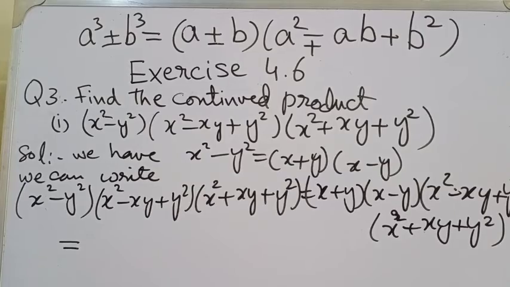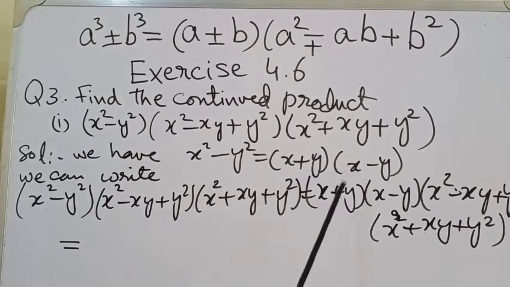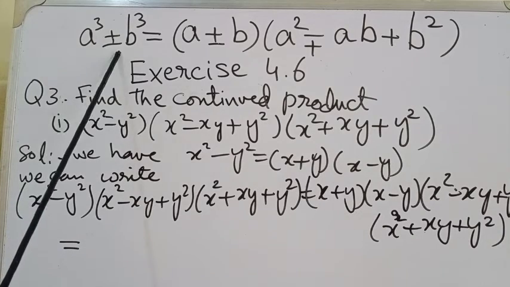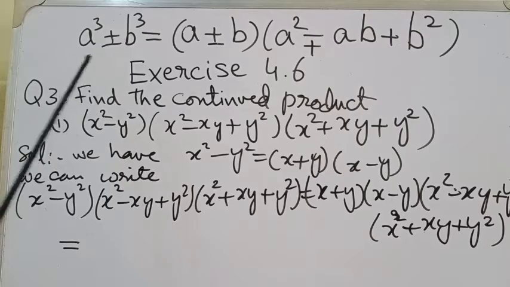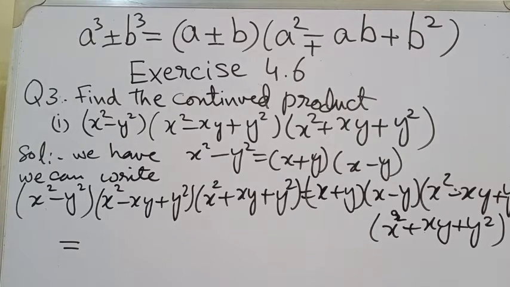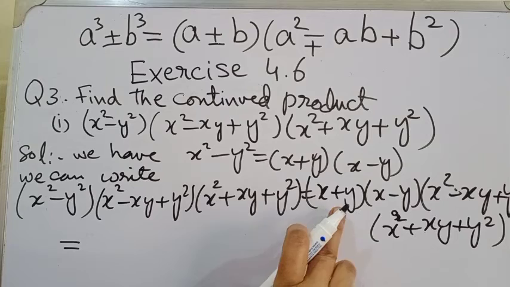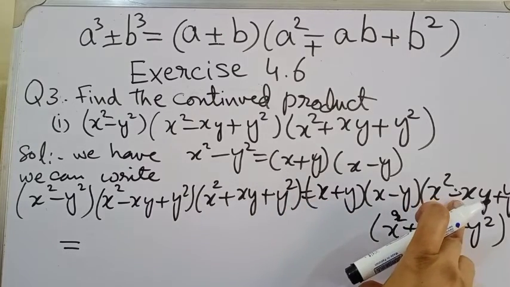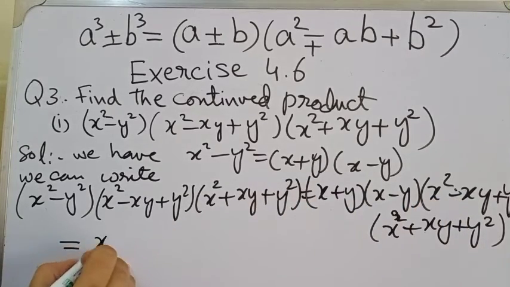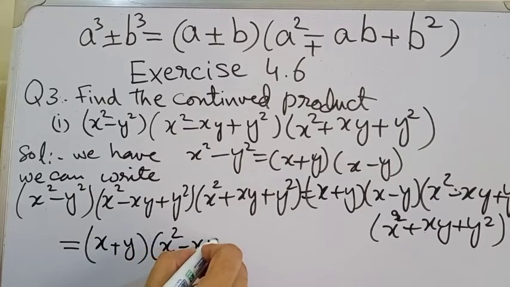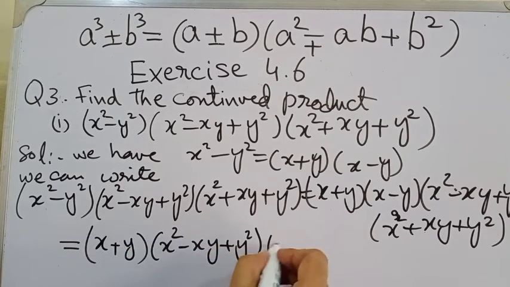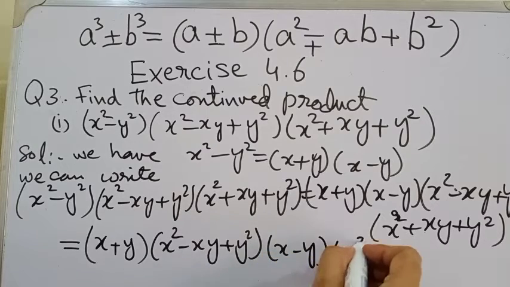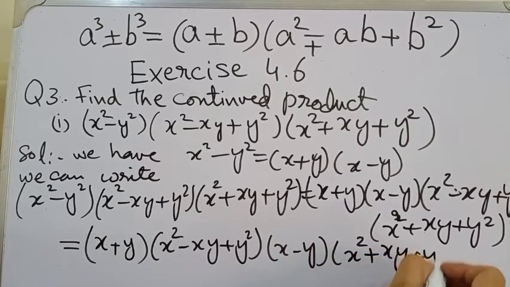Now we arrange in such a form that this part gives us two formulas of the given formula. First we write positive with negative minus xy. We write here as x plus y with x square minus xy plus y square, and x minus y into x square plus xy plus y square.